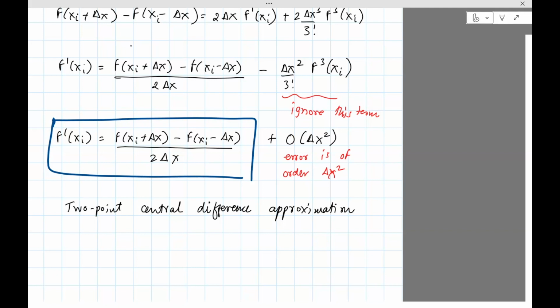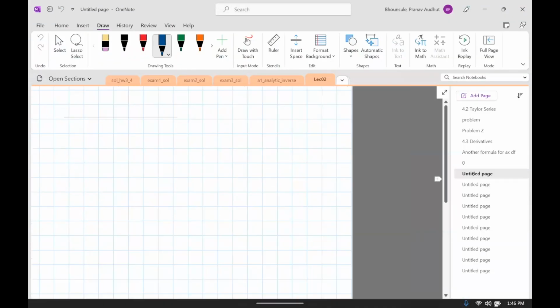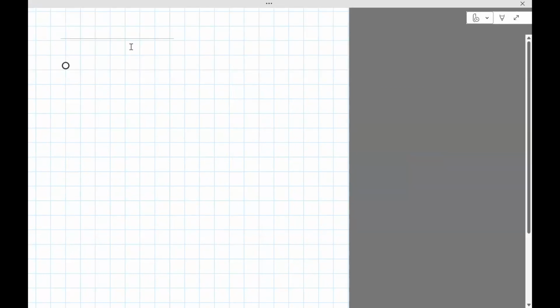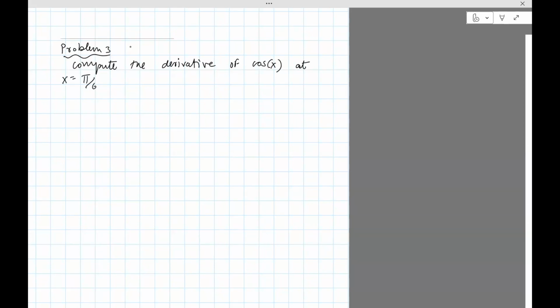Okay, enough of theory. Now let's see how we can use this information to do some computations. Problem 3: compute the derivative of cosine x at x equals pi divided by 6.